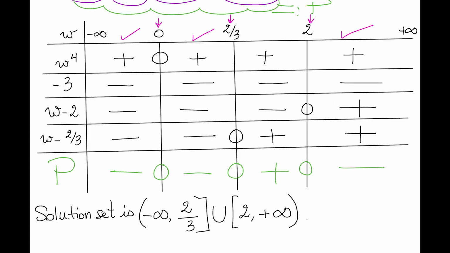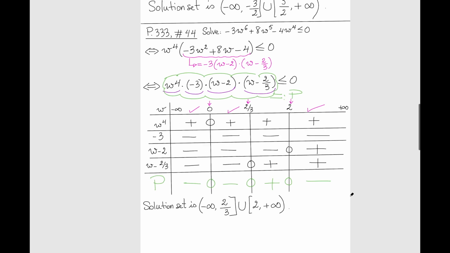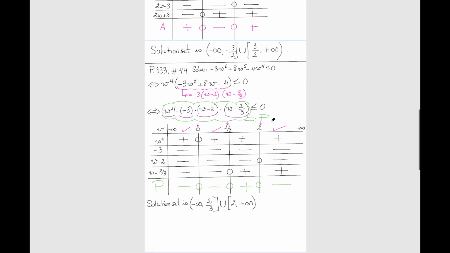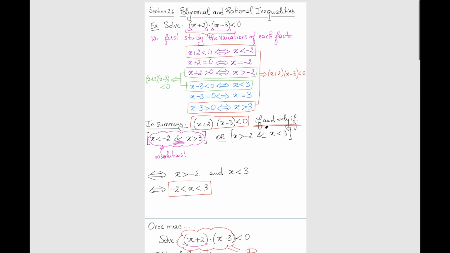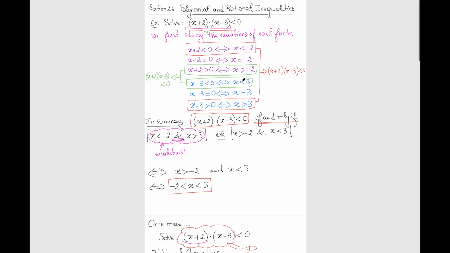Okay, so everything we've done so far stems from the idea, which was about to determine the sign of a product. It stems all the way back to this first discussion. To understand the sign of the product, it suffices to understand the sign of each of the factors.